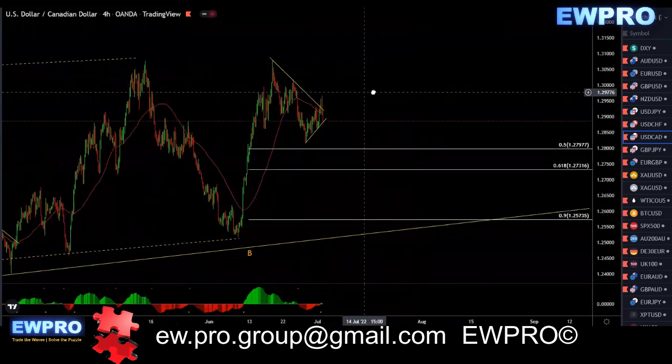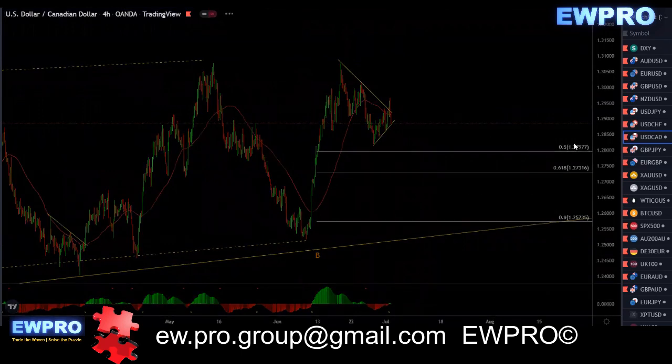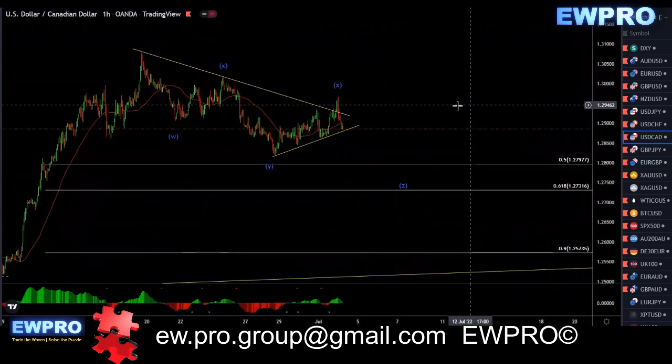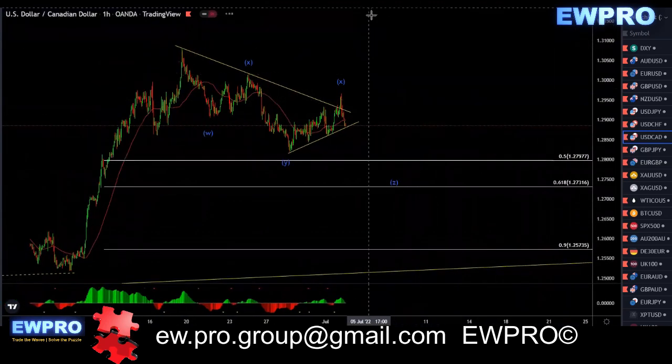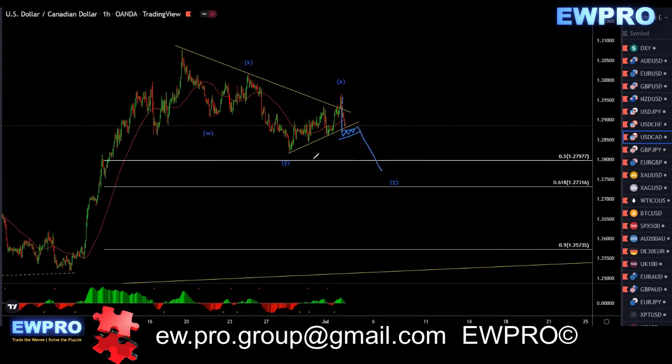So this here, if we go down to the H1, you can see what I'm looking for. Looking for like a W, X, Y, X2, Z down. So if you do get any little bearish setup in here, you can look for it.